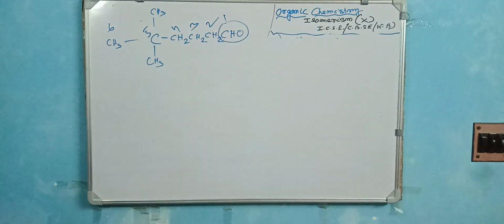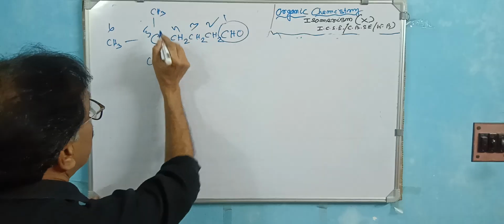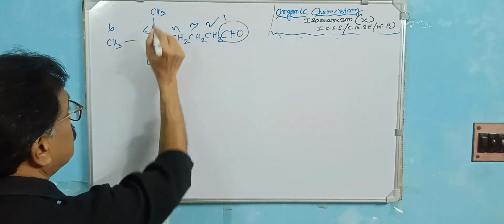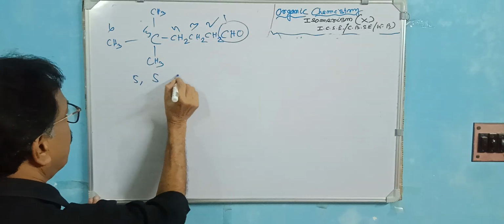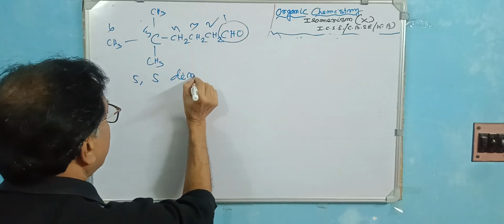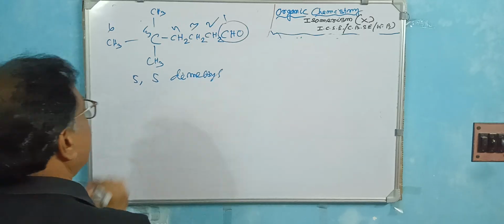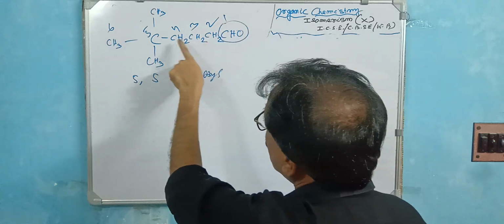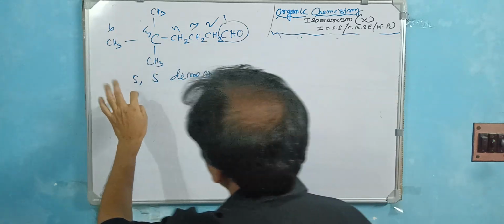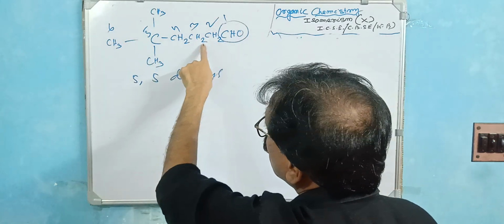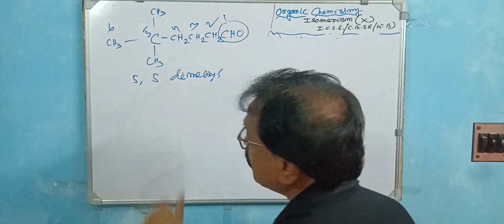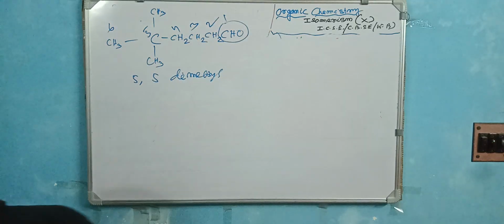CHO gets the lower number. Now what is the position? 1, 2, 3, 4, 5. This is 5. So 5,5-dimethyl. Methyl at 5 position, 5 position. Okay. 1, 2, 3, 4, 5, 5. 5,5-dimethyl. Dimethyl hexane.